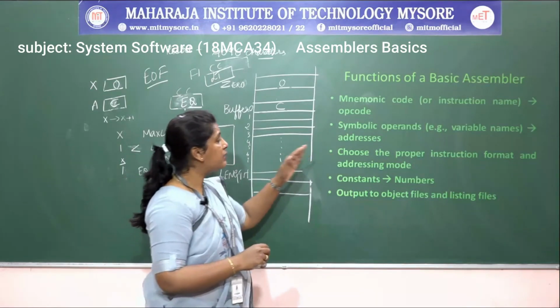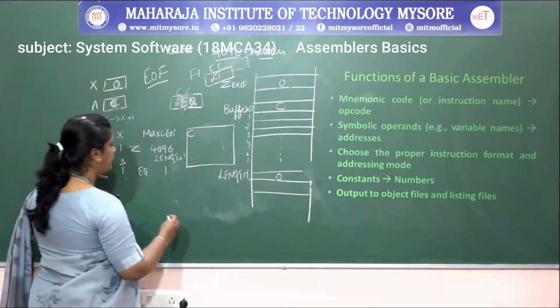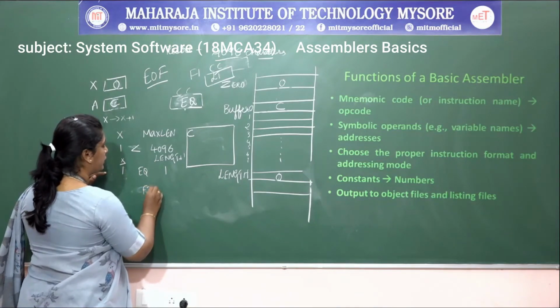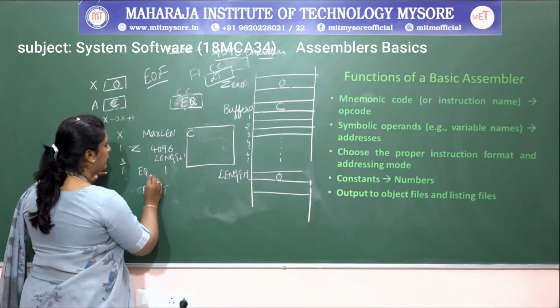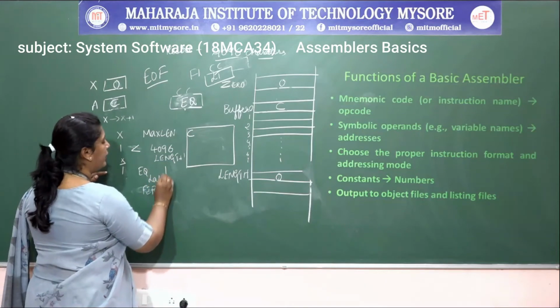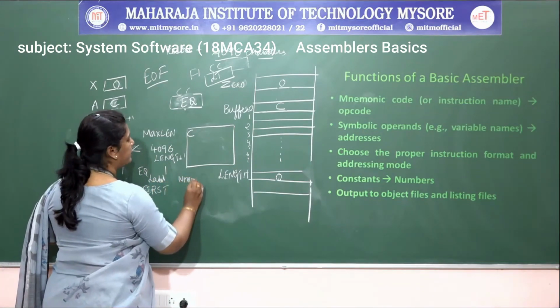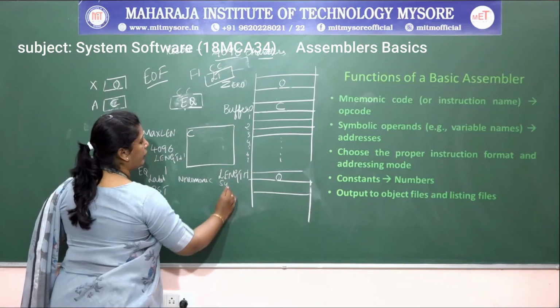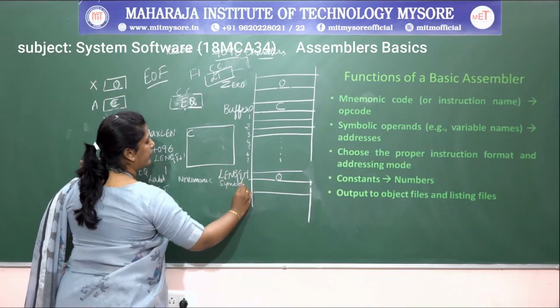As we know, if we take the first instruction, it has the label field, the mnemonic field and the symbolic field. These 3 fields are there.